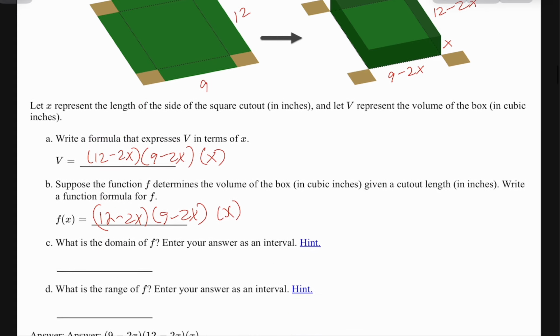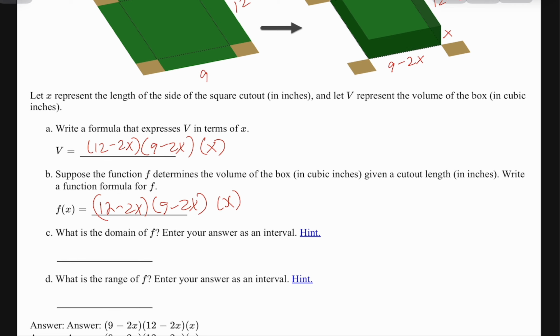Okay. The domain. Look at our smallest side, mine is 9, whatever your smallest side is, of the original size of the box. The most you can cut out, so the largest x I can cut out, will always be half of that.